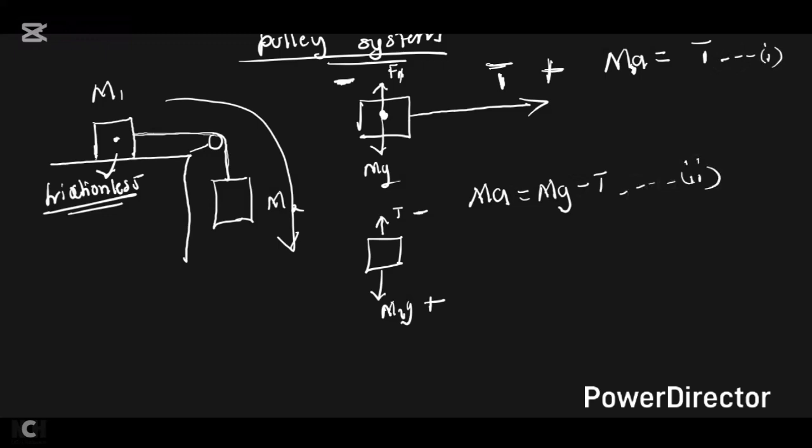So what are you supposed to do for you to find the acceleration? You have the equations: for mass 1, m1a is equal to T, and for mass 2, m2a is equal to m2g minus T. So we can say m2a is equal to m2g minus, and where there's T, we replace it with m1a, so that we can find the acceleration.